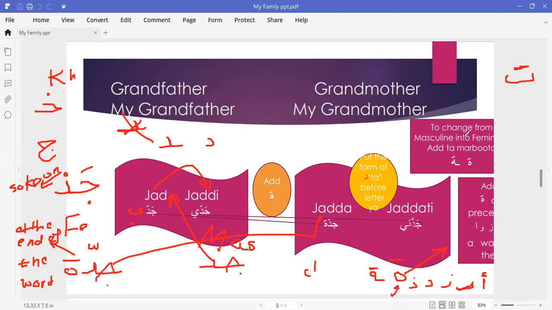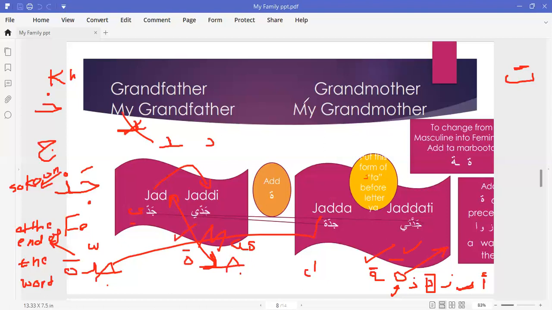So to change from masculine into feminine, we add the ta marbuta at the end of the word, okay? So here we have jad. I want to change jad into jadda. Do I choose this ta or this ta? We look here, what do I have here? The letter da. The letter da cannot be connected to the letter after it, so I have to use this one, okay?